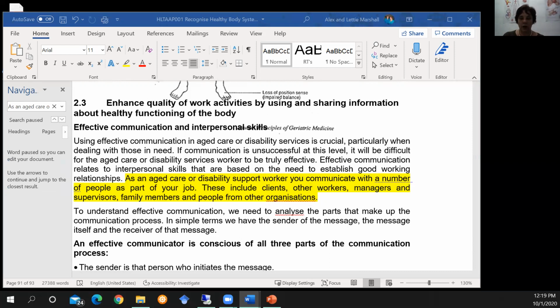And why is it important? The top one is the why: using effective communication with those who need it is critical for us. Effective communication will establish good working relationships.